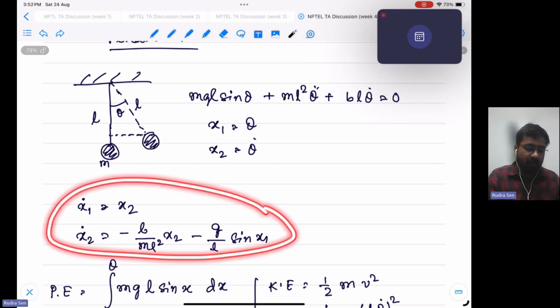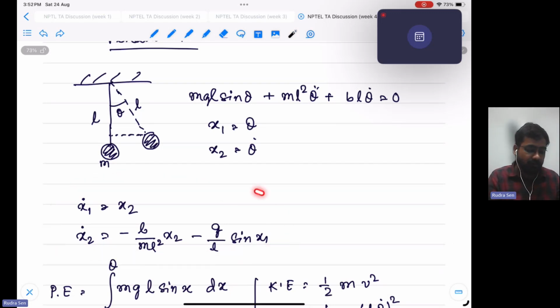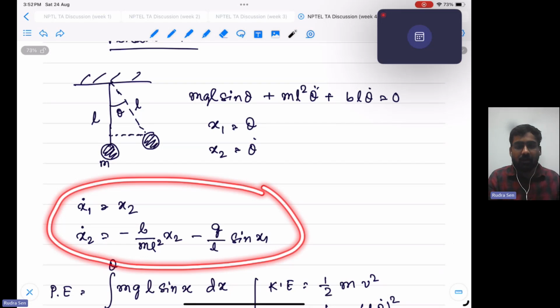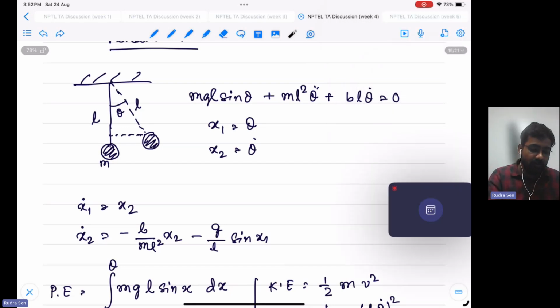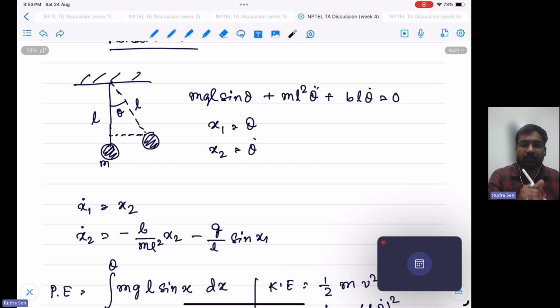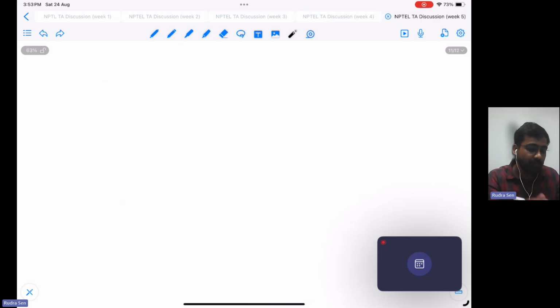You see, there is no u over here. Though this is a non-linear system, I'm just giving you an example of an unforced system. It's basically driven by its initial condition. Whatever initial condition you are given, that is by which this system moves. There is no external input in this system. So this kind of system is an unforced system.